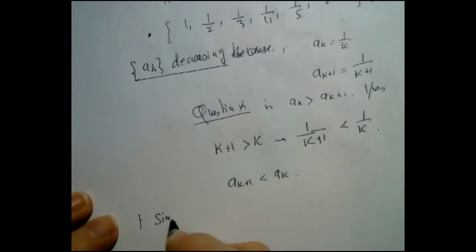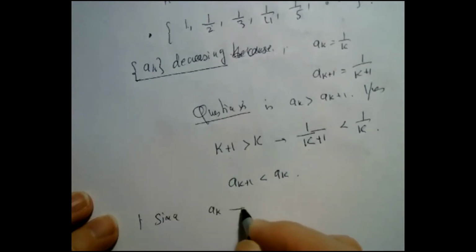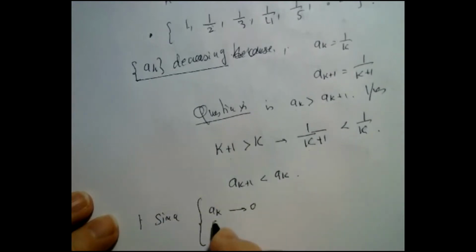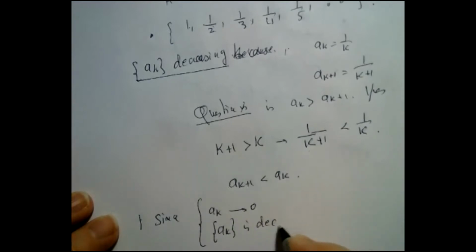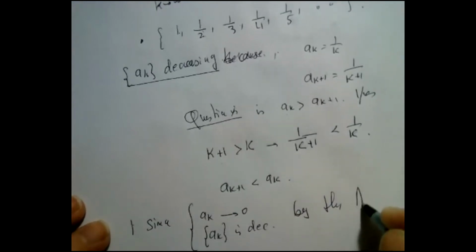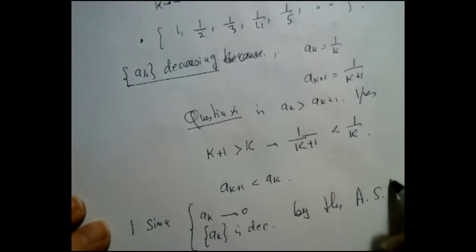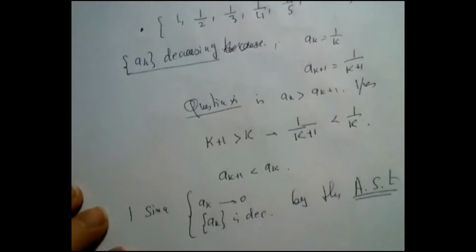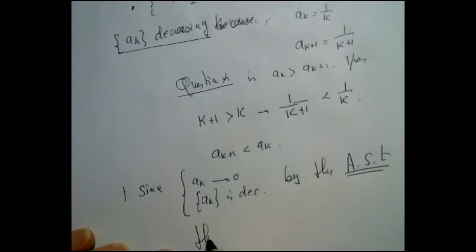So since AK goes to 0 and the sequence AK is decreasing, by the alternating series test, that's the way we will be abbreviating it, the series itself will converge.